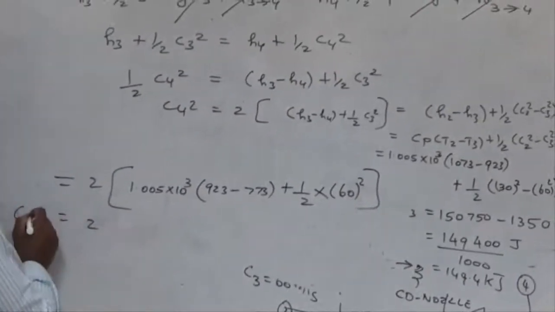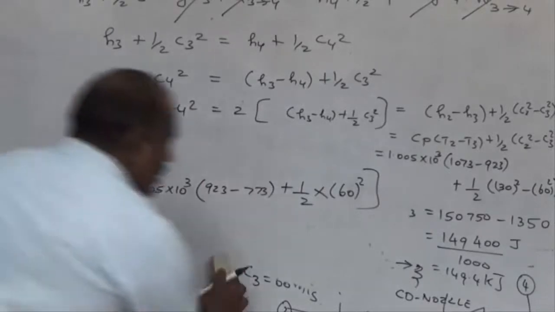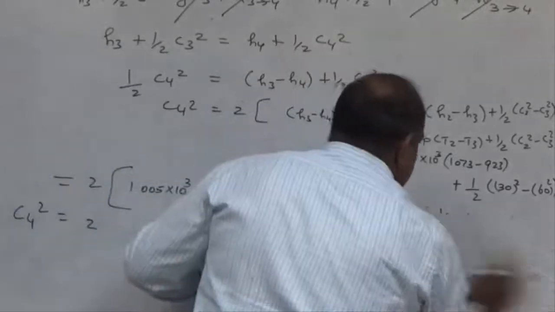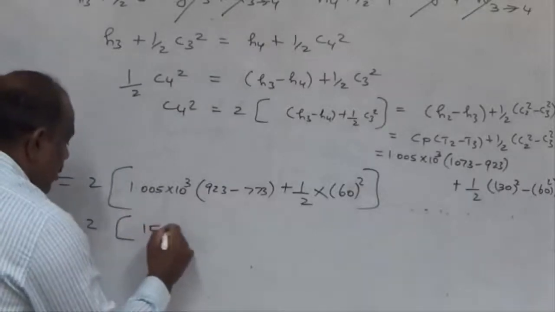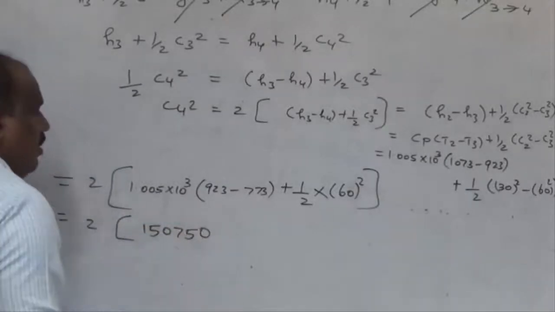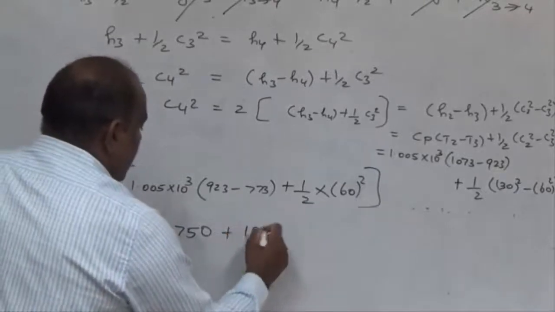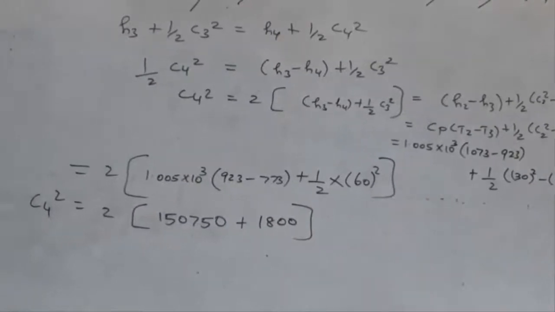It is C4 squared, not C4. So what is the answer? That one is 150750. What about this one? 1800. Is it positive or negative?